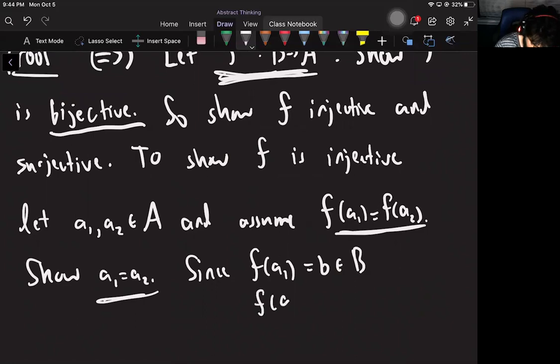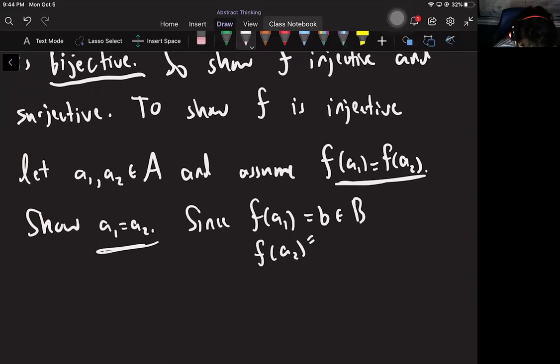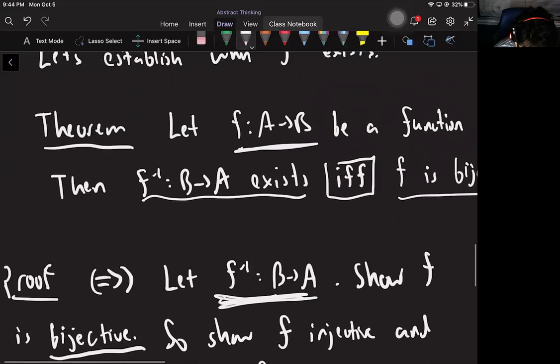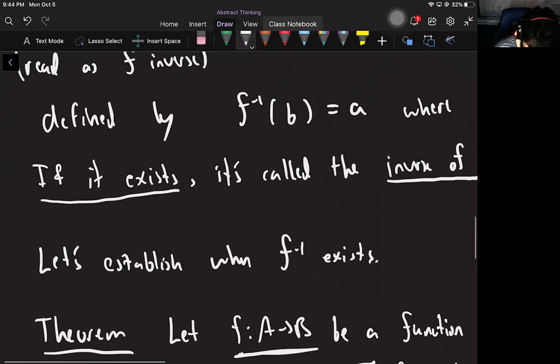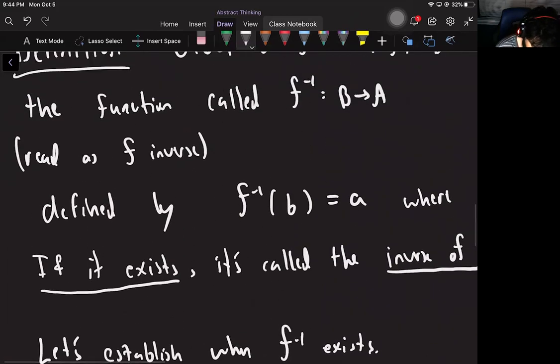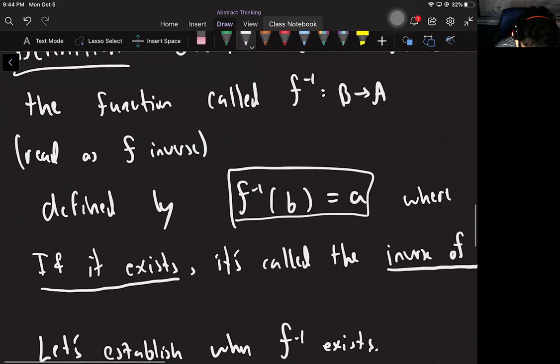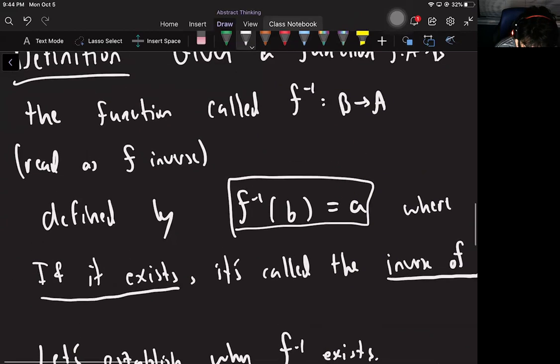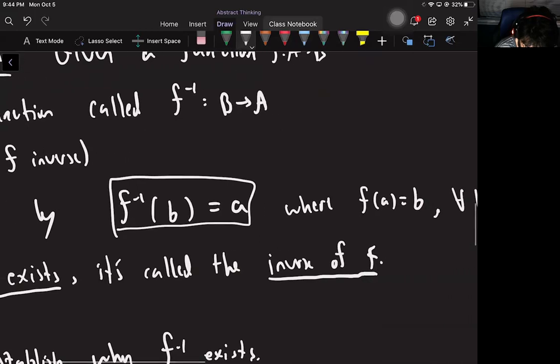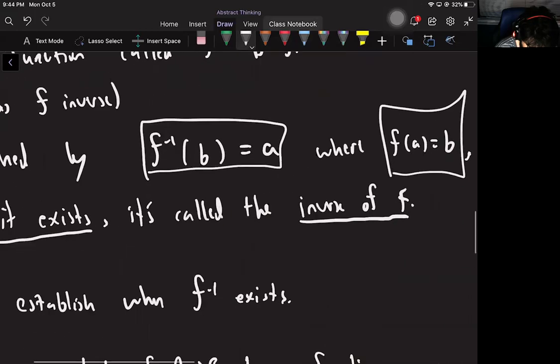So I can really sneak another equal sign in there. What does this mean? Well, what does it mean for the inverse to exist? It means that it does this. If I plug in an element of B, it goes to the a that got sent to it in the first place.